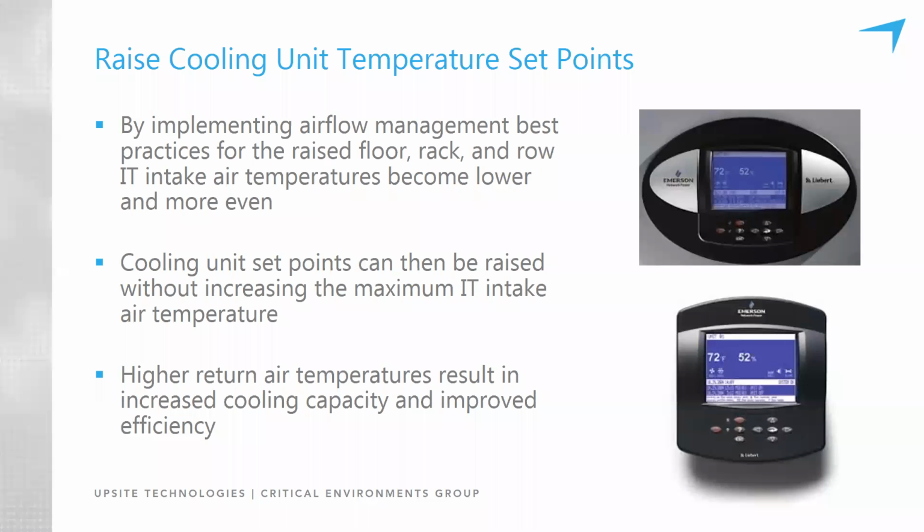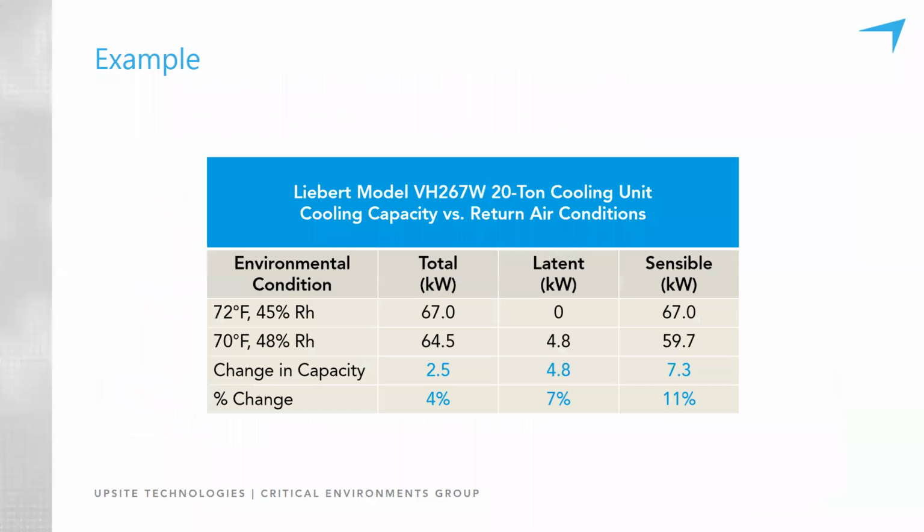And the higher the return air temperature to a cooling unit, the more efficient it is, and the higher the capacity that it has. Here's an example of a Liebert chilled water unit. And this is a cherry-picked example to really point out the dramatic benefits that can be achieved by small changes. You can see here that a return air temperature of 70 degrees Fahrenheit on that second row results in a 48% relative humidity.